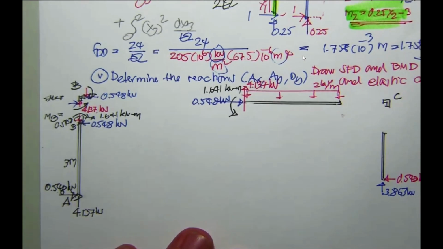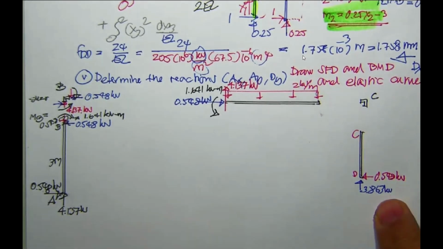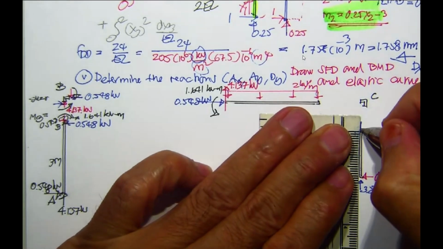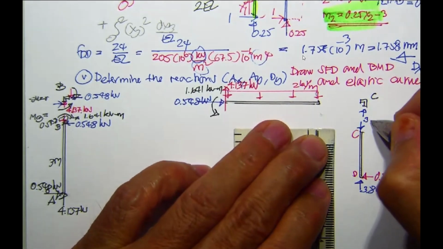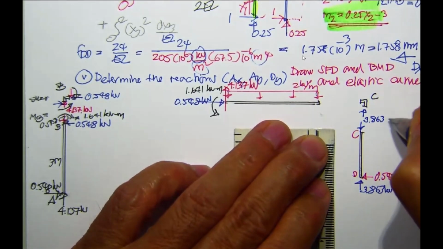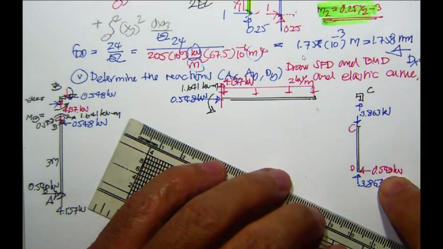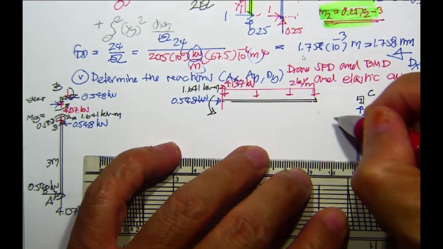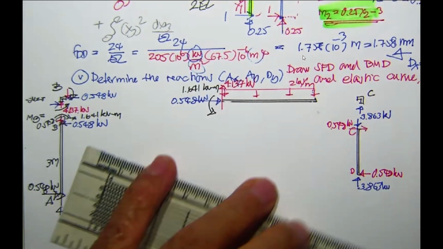Then do the same thing for the column B3. 3.863, that's going to be this one and up this one, 3.863 kilonewton. 0.548 kilonewton.